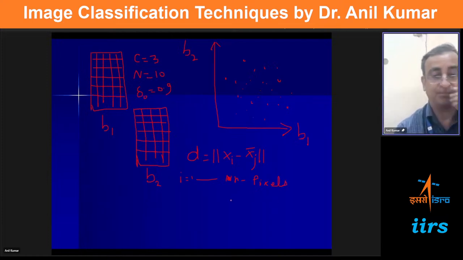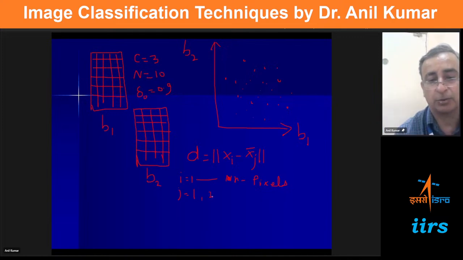Each pixel 1 to n here, and j is your number of clusters, that is 1, 2 and 3. These are your clusters, because we have defined C is equal to 3. So j will be 1, 2 and 3.